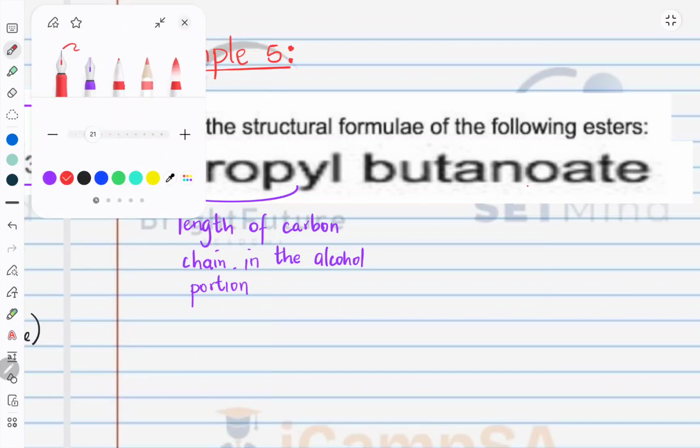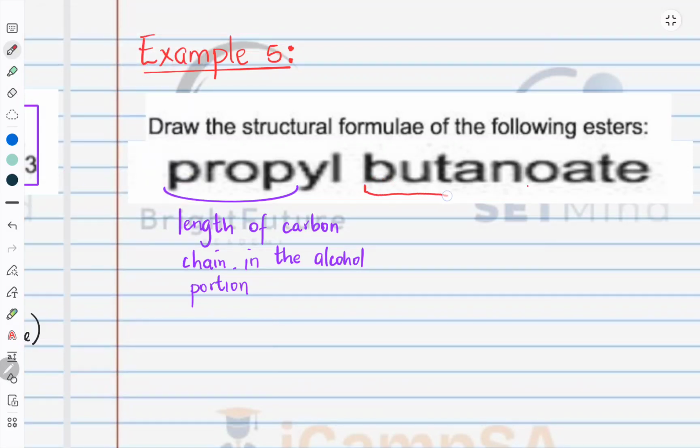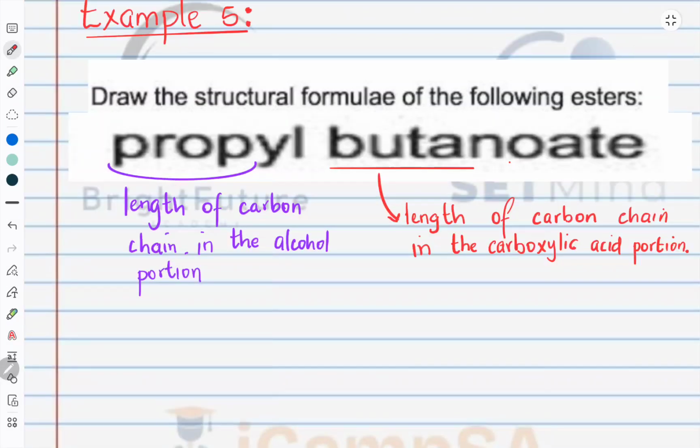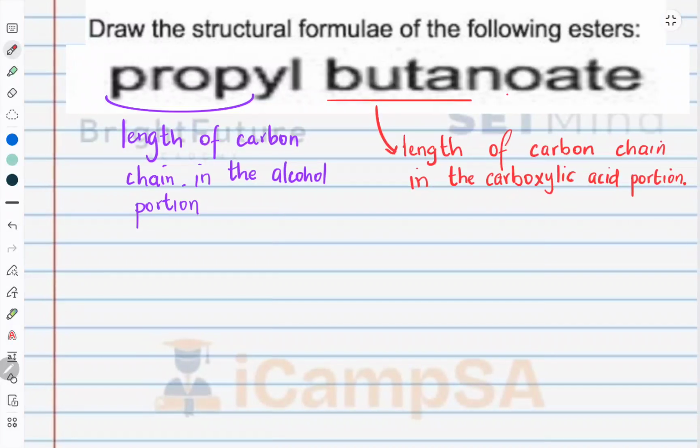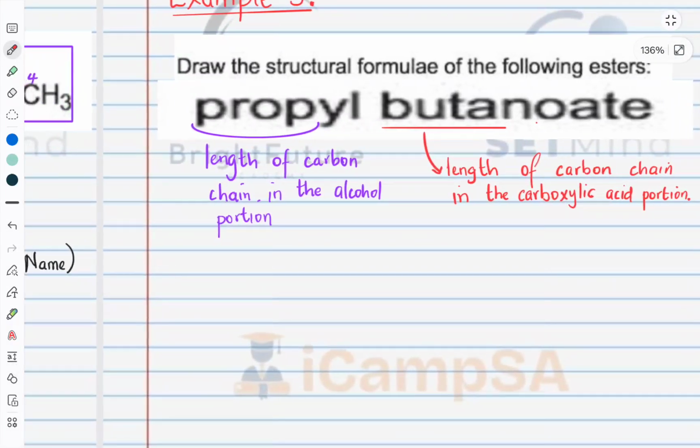And then this one gives us the length of the carbon chain in the carboxylic acid portion. All right, so that's what we have. So now we can start drawing the structural formula. Okay, let's start with the alcohol portion.